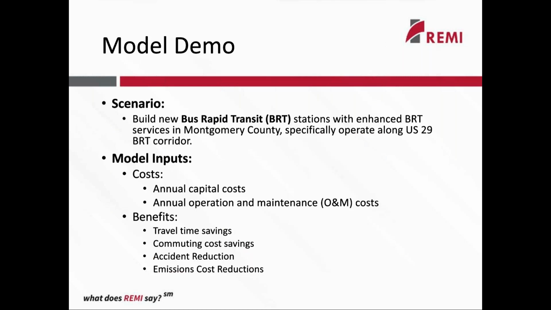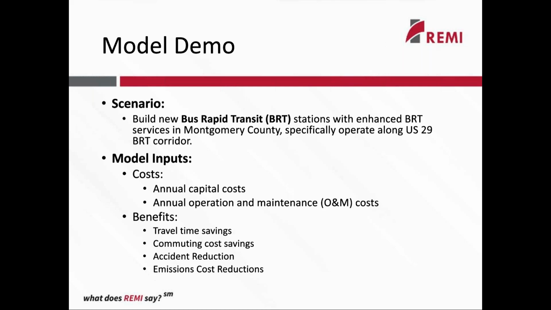So to set up this model demonstration specifically, we will be modeling the build out of a new bus rapid transit station with enhanced BRT services in Montgomery County, specifically along the US 29 BRT corridor. The model inputs we'll use for this scenario are, on the one side, the costs: the annual capital costs of taking on this project and the annual operation and maintenance costs of maintaining this new transportation route.